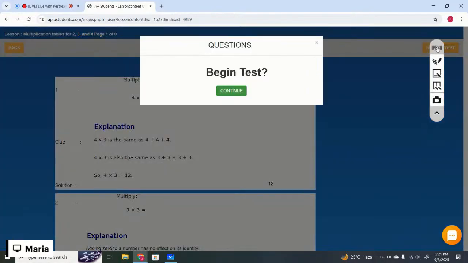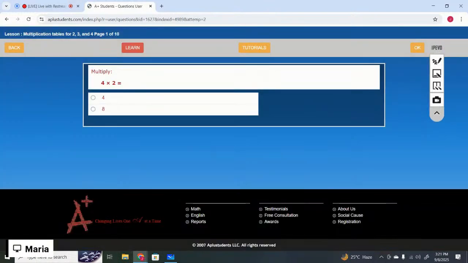Either you add 3 4 times, or you can add 4 3 times, so it makes 12.